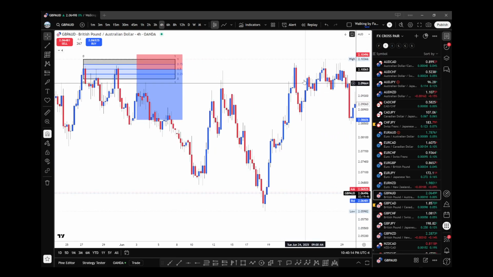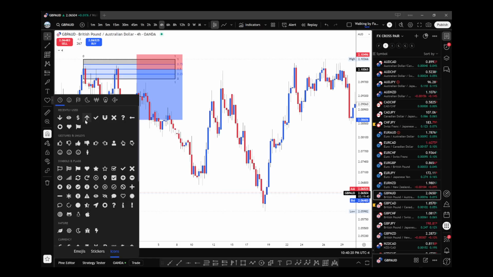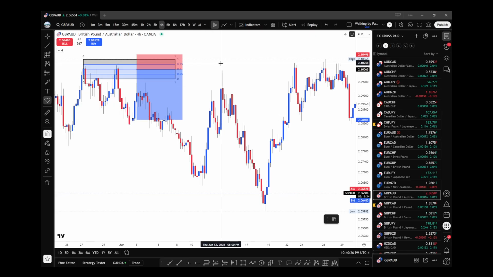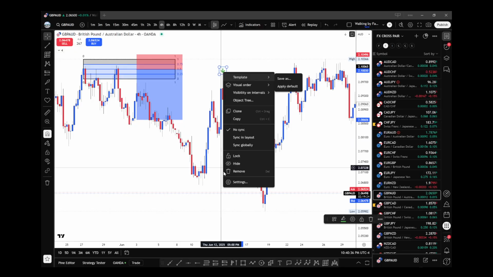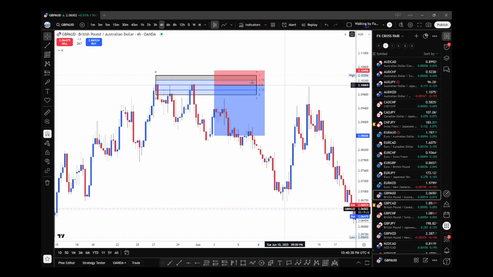So this one right here missed our 50%. Where is this one? This one right here missed our 50%, but it hit our 25%, and right below... I'm sorry, I'm looking at the wrong one.